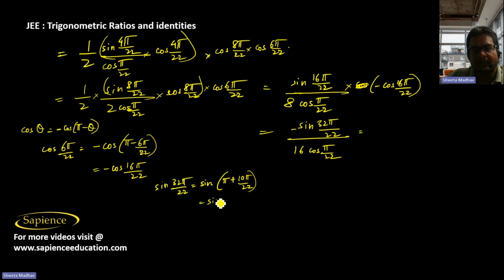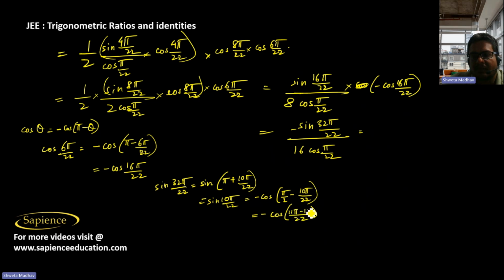It is actually minus of sine 10 pi by 22, which is same as minus of cos pi by 2 minus 10 pi by 22. The LCM is 22, so it is 11 pi minus 10 pi, so it is minus of cos pi by 22.